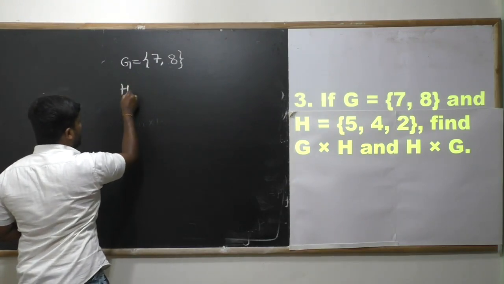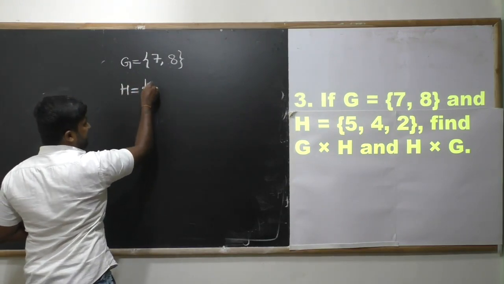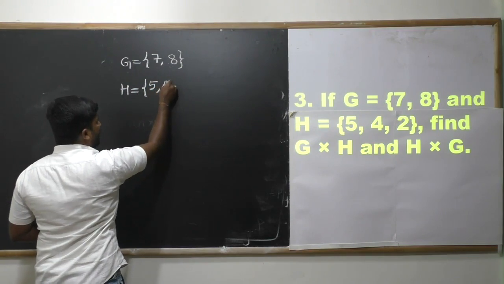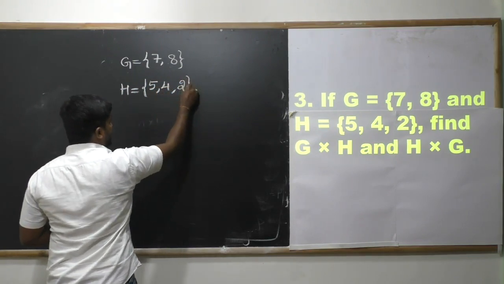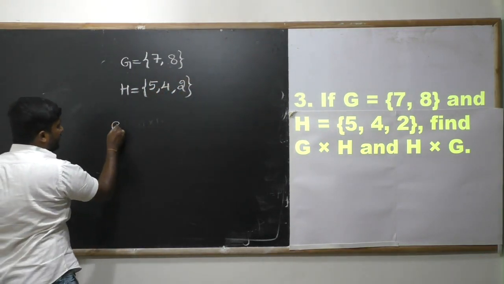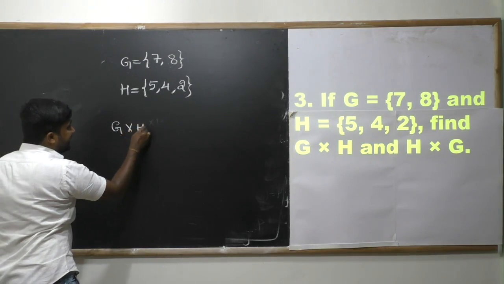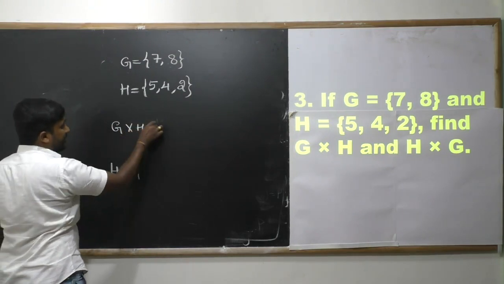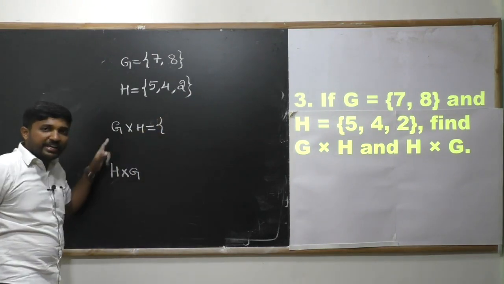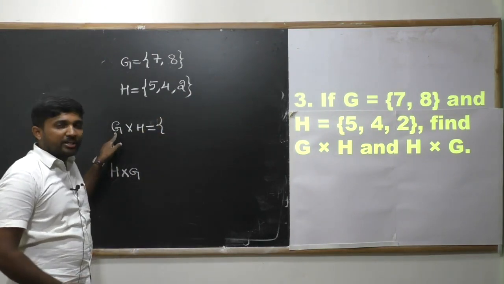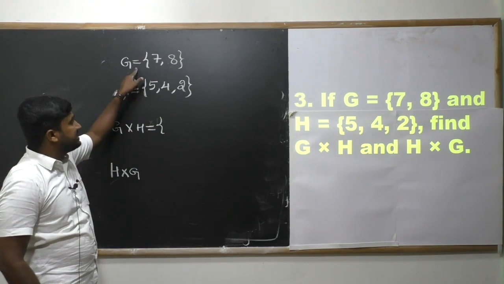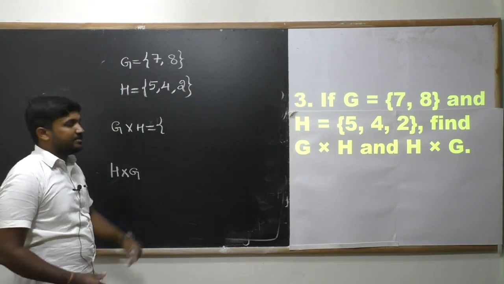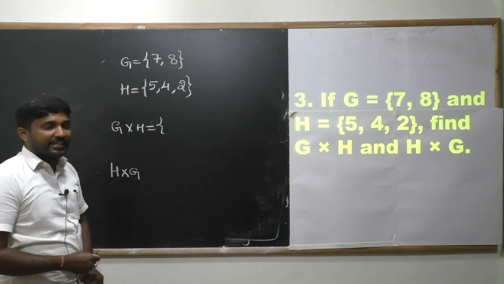H is equal to the set with elements 5, 4, 2. Now we have to find G cross H and H cross G. In G cross H, the first elements of the ordered pair should be taken from set G and the second elements belong to set H.